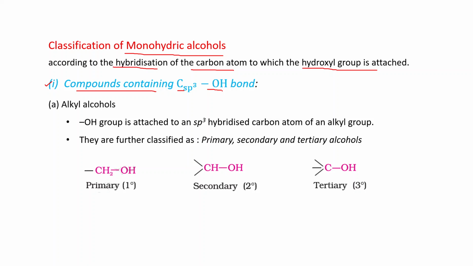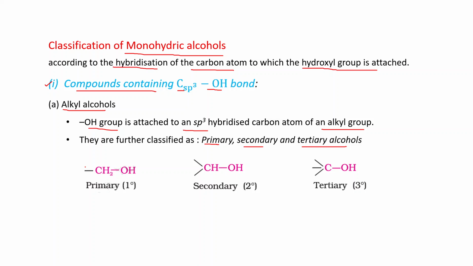And this type of compounds is again categorized into 3 subcategories. First one is alkyl alcohols. In this, OH group is attached to an sp3 hybridized carbon atom of an alkyl group, and they are further classified as primary, secondary and tertiary alcohol.